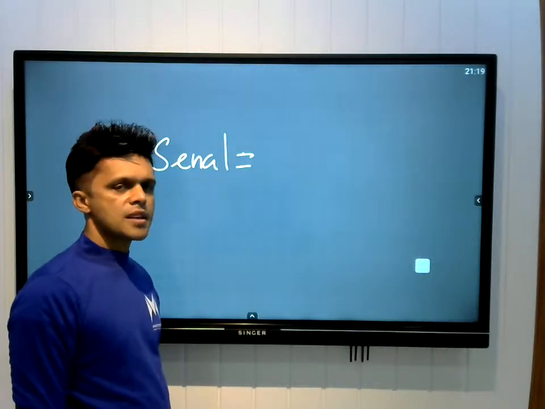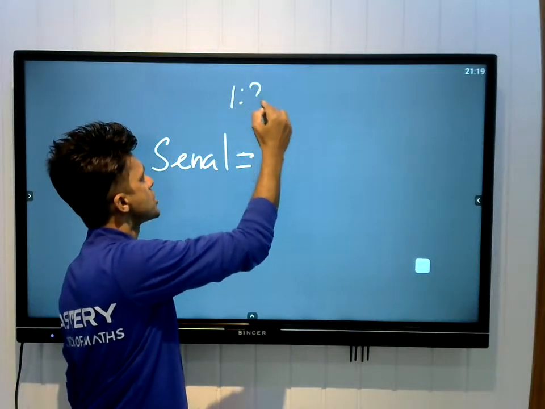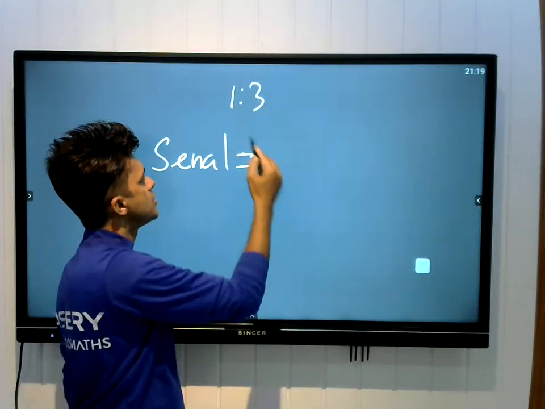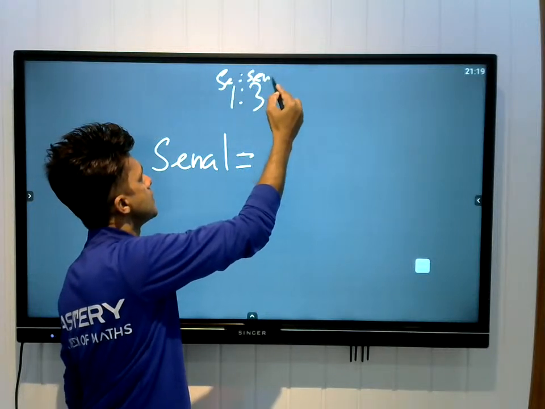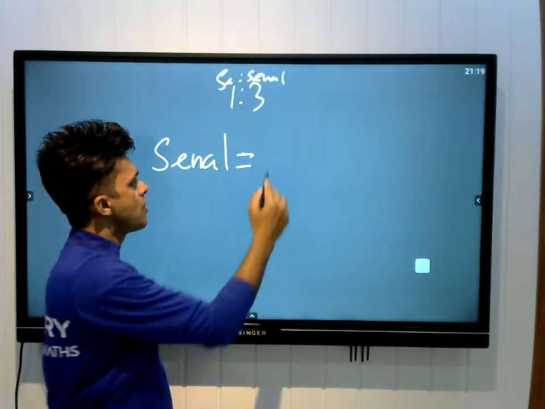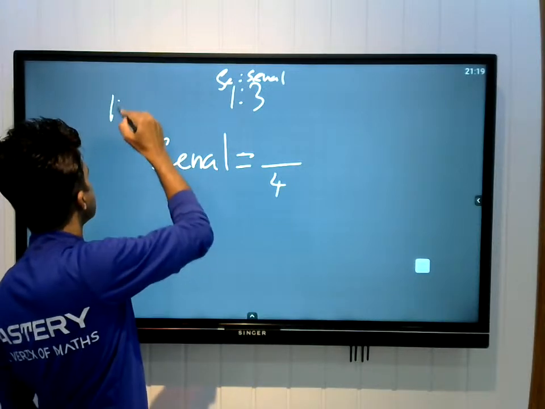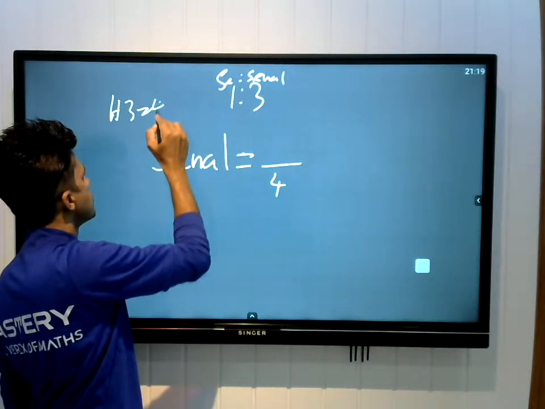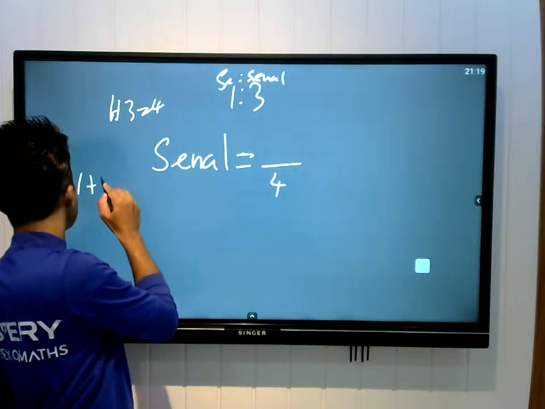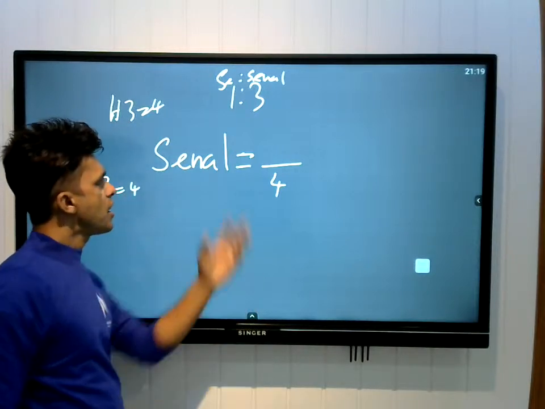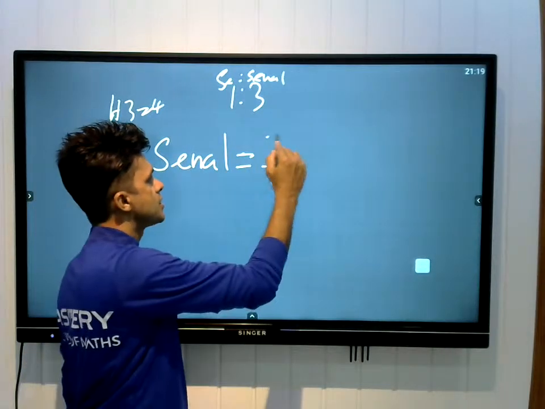The ratio was Senuri, Sena. When it is divided 4 mangoes, how can we get 4? You would add this 1 and 3. 1 plus 3 is 4. When it is divided 4 mangoes, Sena gets 3 mangoes.